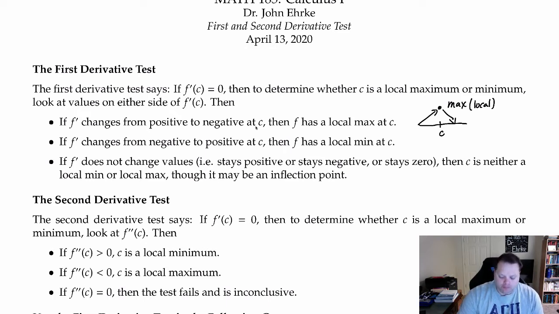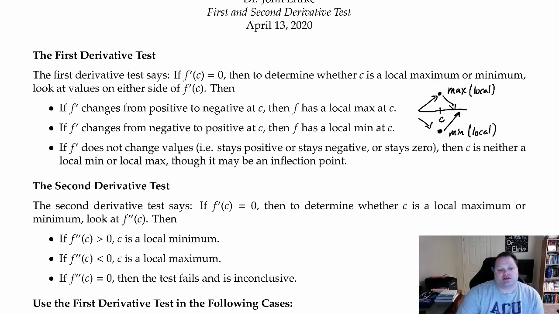So if you're going from positive slopes to negative slopes, the point where it changes over at the critical point must be a maximum. Similarly, if you go from negative slopes to positive slopes, then you know that the point where that change occurs must be a local minimum. If the derivative does not change signs, in other words, you're positive, then positive again, or negative, then negative again, the point at c is neither a local max or a local min.